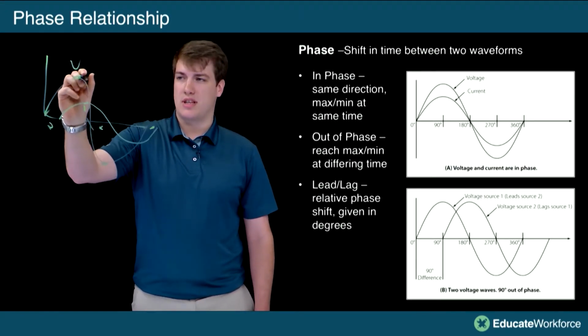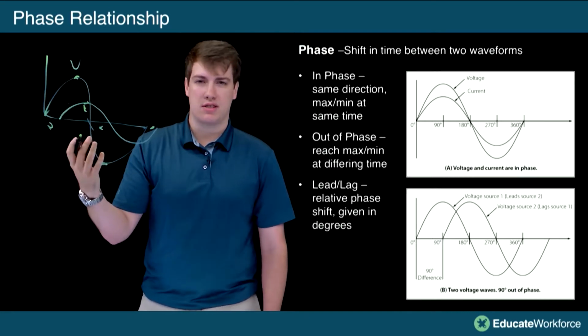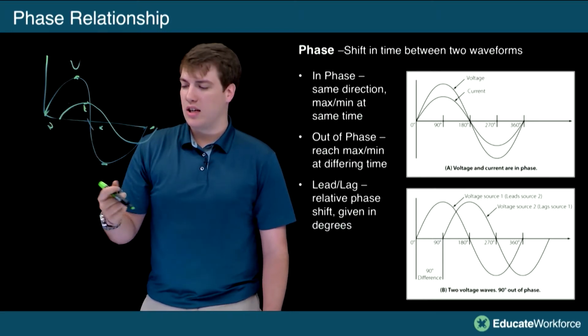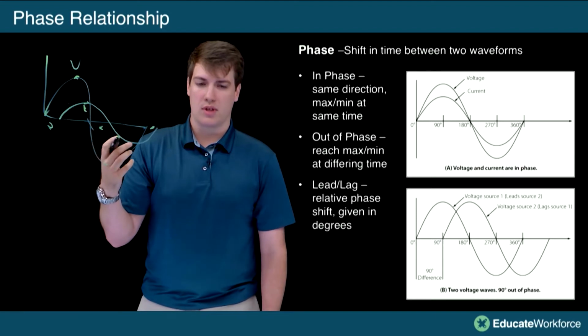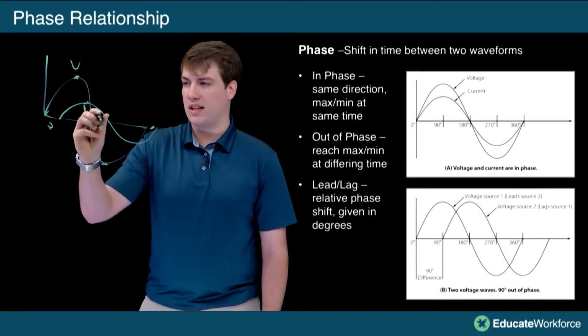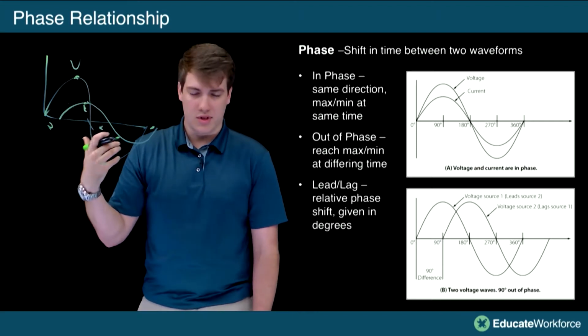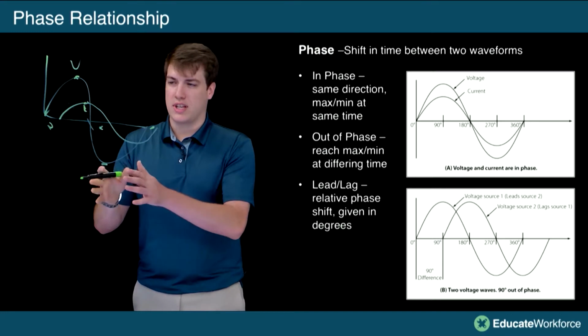It reaches this top peak before current does. We can actually say how much it's leading if we know a little bit more about time and whatnot of our waveforms. But then additionally, we can say that the current is lagging the voltage. So this just means it reaches peak value after whatever start time.